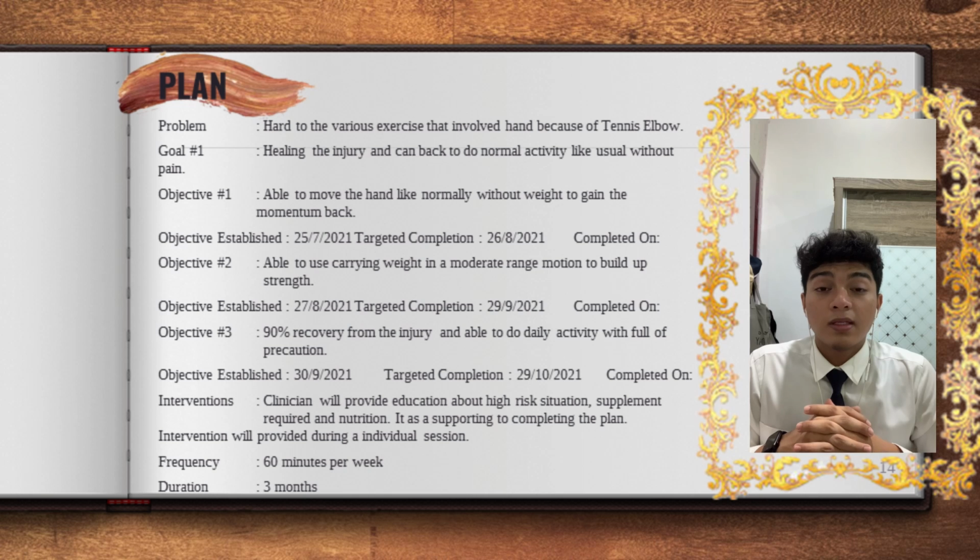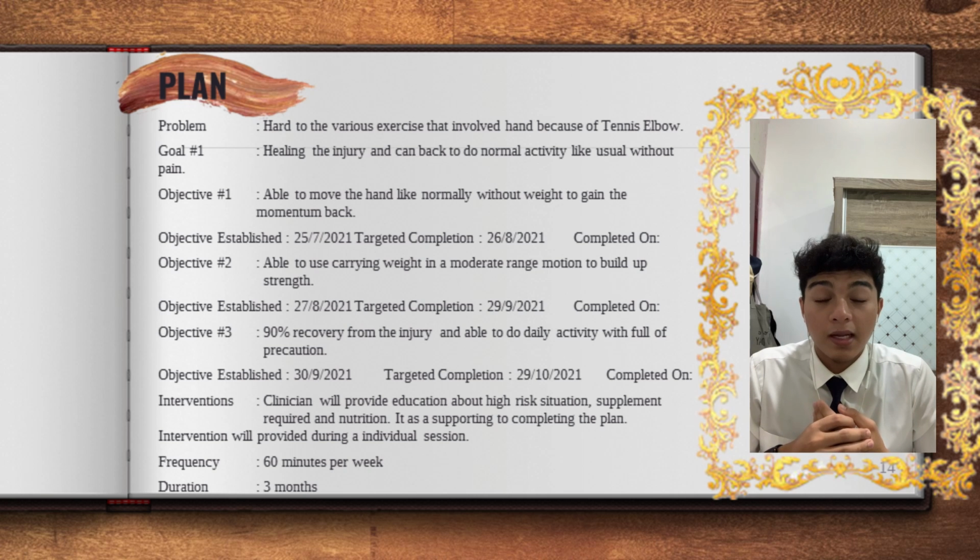Okay, next we proceed to the treatment plan. In this part we're going to learn how we start to recover from the injury. First, we need to know the components of a treatment plan. First we have the problem. Also we have a goal, which is what we want to achieve in this plan.